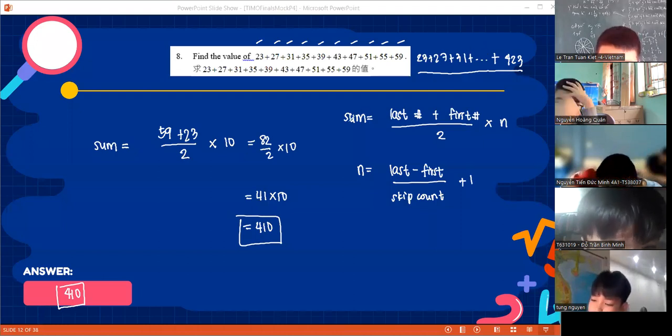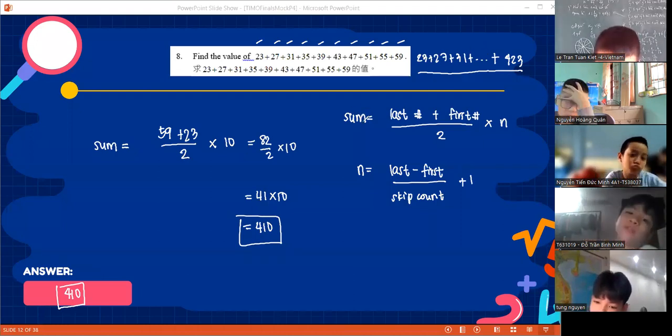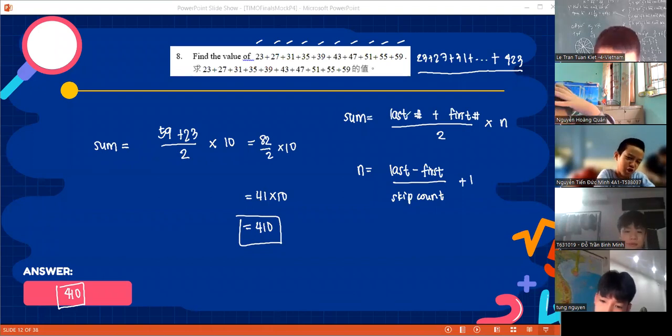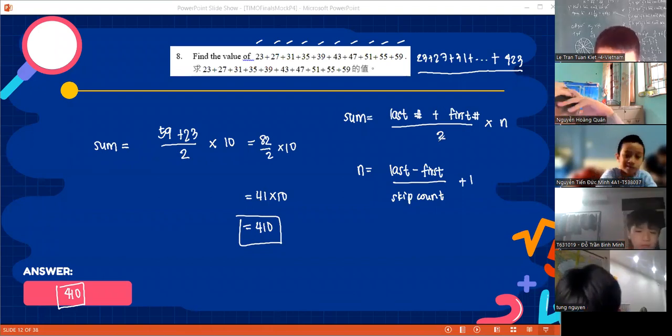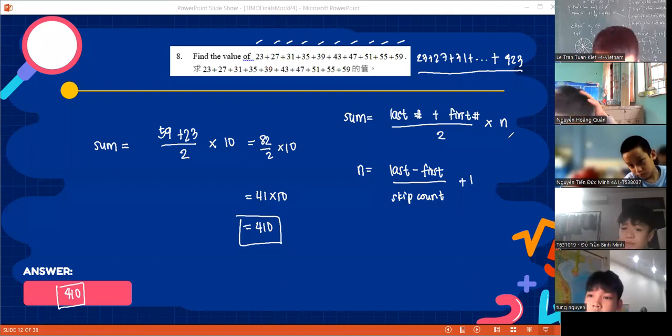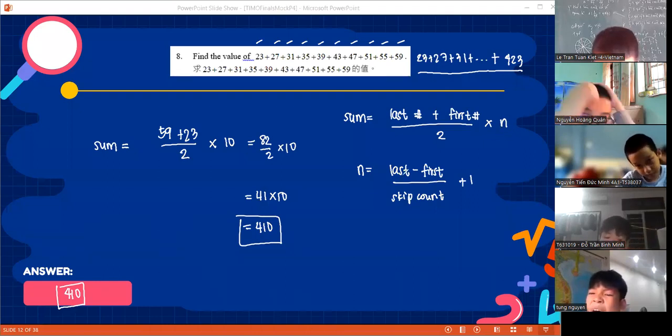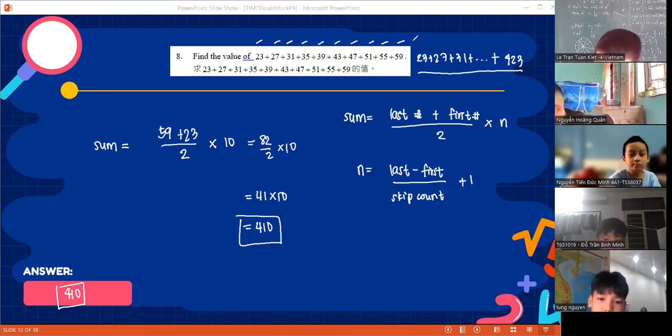So it's better you memorize the formula for the sum. The sum here is the last number plus the first number divided by 2, then multiplied by the number of terms. Now you need to determine the number of terms: the last number minus the first number, divided by the skip count, and then plus 1. Then multiply, and you'll be able to get the sum.